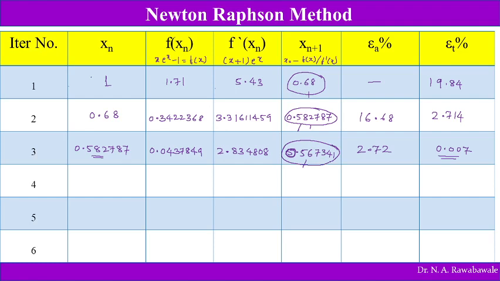So the answer we can write as: the root of the function f of x is equal to x e to the power of x minus 1 is 0.567341, with approximate error as 2.72% and true error as 0.007%.